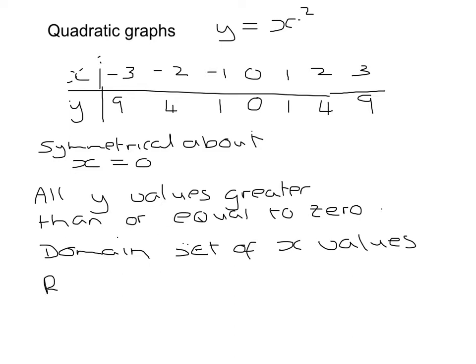And the range is going to be the set of possible y values. So looking at the table for y equals x squared, although we've used a domain of negative 3 to 3, x could be any possible value.